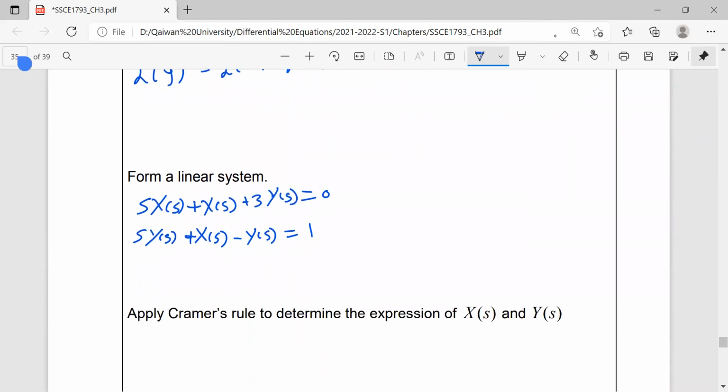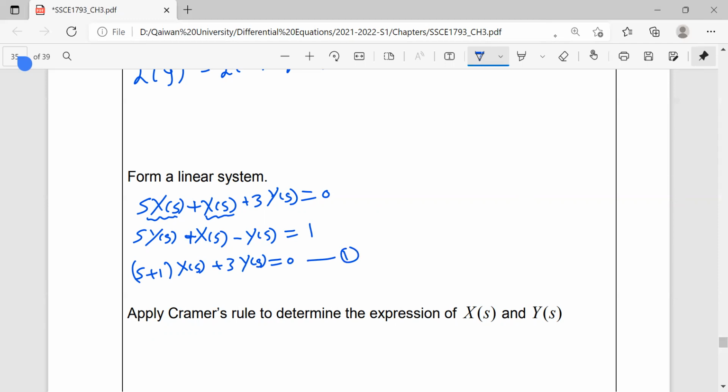We now have these two equations, and we'll write them down again. We have x of s and x of s. The common factor here is x of s. What's left? S plus 1. We get s plus 1 times x of s plus 3y of s equals 0. This is equation 1.